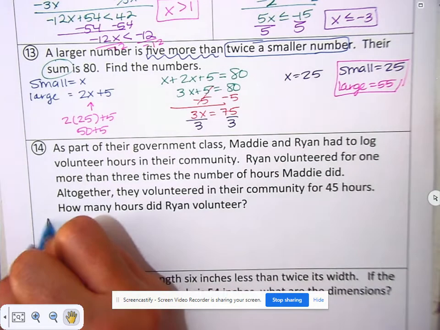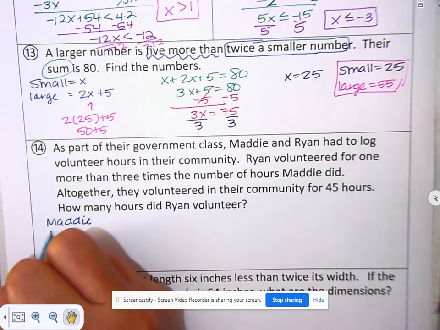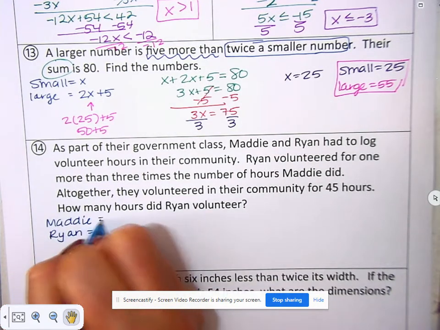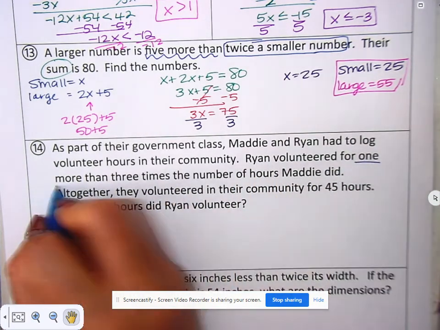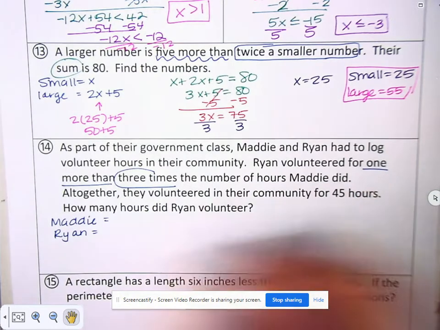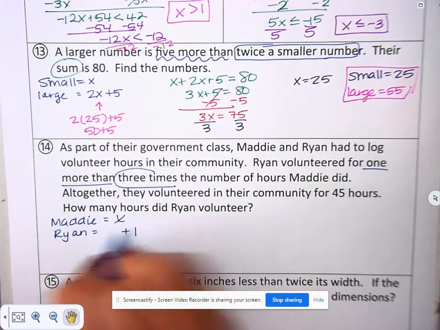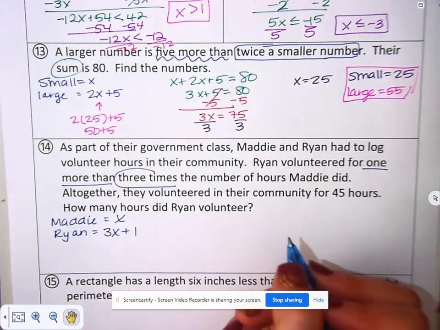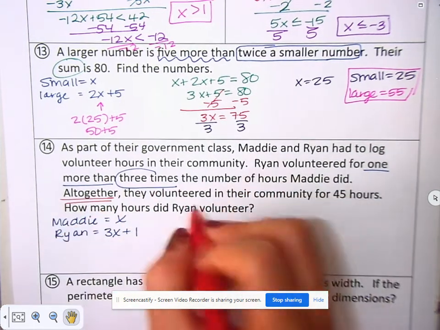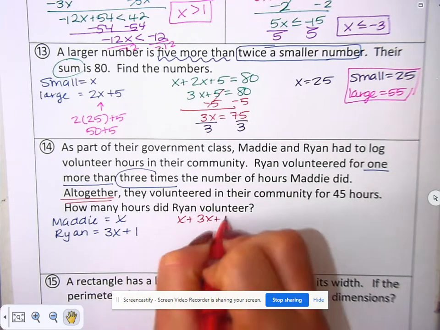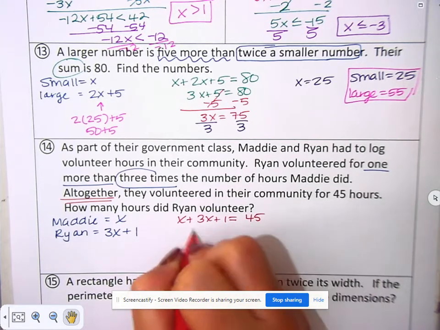As part of their government class, Maddie and Ryan. So we have Maddie and we have Ryan. Had to log volunteer hours in their community. Ryan volunteered for 1 more than 3 times Maddie. So Maddie is x, 1 more than 3 times. All together means we're going to add that, and that equaled 45.